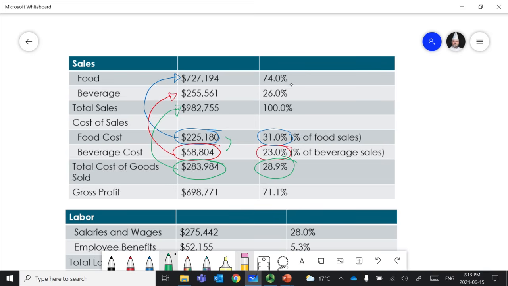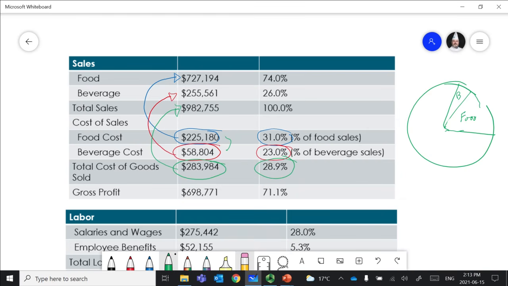Unlike above, where our sales added up to our 100%, these will not add up to our total cost, because really, if we go back to our pie, we've got our food and beverage costs coming out of inside of that, right? I guess I got too many lines there, right? But one of these sides is beverage, and one of these sides is food, right? So they can't add up to 100%, and they can't add up by just adding them together, because you're taking a percentage of a different total, okay?